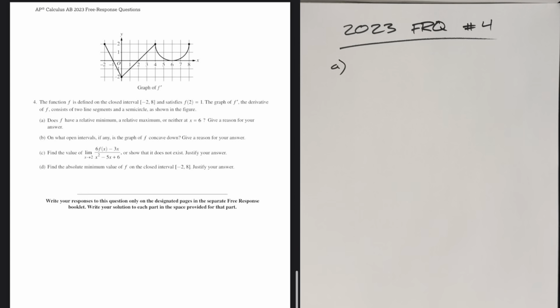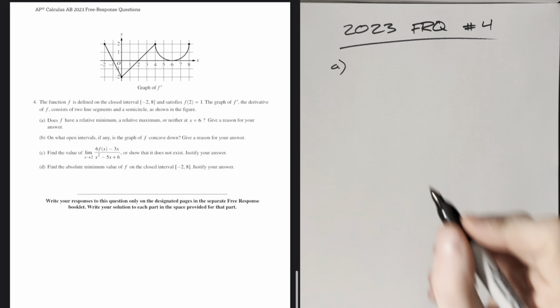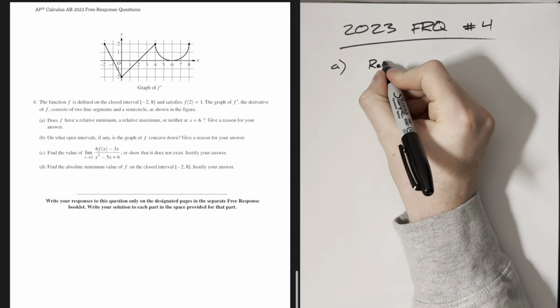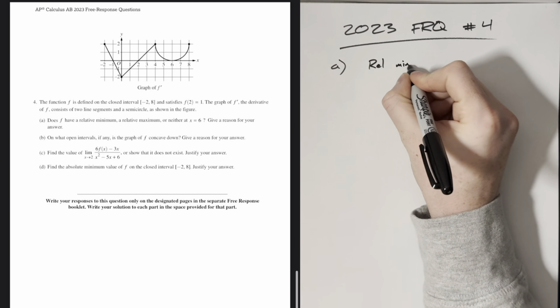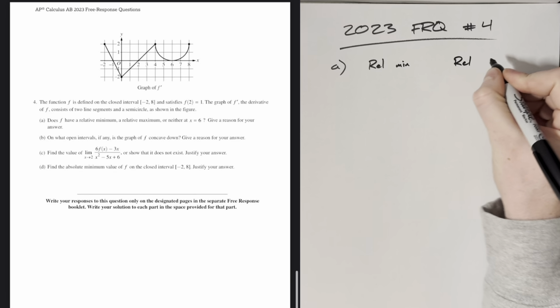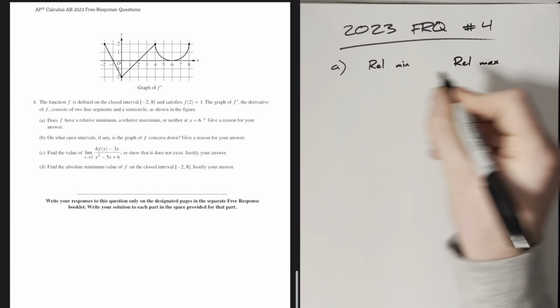Part A, excuse the voice crack. But part A, it says, does f have a relative minimum, a relative maximum, or neither at x equals 3? Give a reason for your answer. Now, what we know about relative minimums and relative maximums is this.